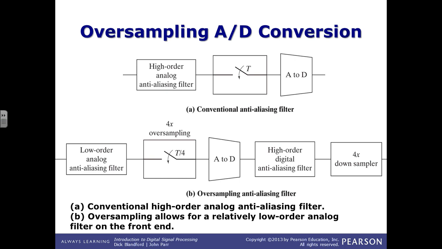Or, as in this other approach that we've talked about, you can use a lower order anti-aliasing filter, oversample by 4 to 10 times, do the analog to digital conversion, which would obviously require a faster converter, implement a high order digital anti-aliasing filter using some high speed digital electronics, and then downsample by a factor of 4 to get back to the original intended sampling rate. Both of these approaches could work.